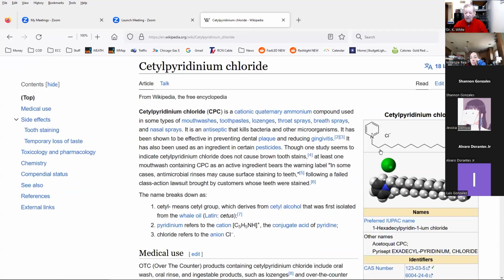There's a structure, 1, 2, 3, 4, 5, 6, 7, 8, 9, 10, 11, 12, 13, 14, 15, 16. I already knew that. And this molecule has amazing antimicrobial properties.